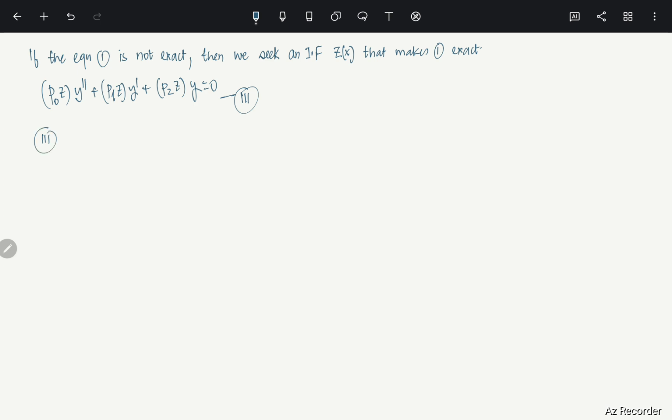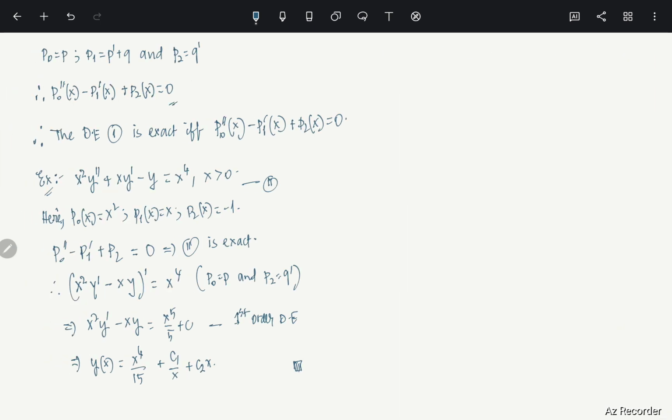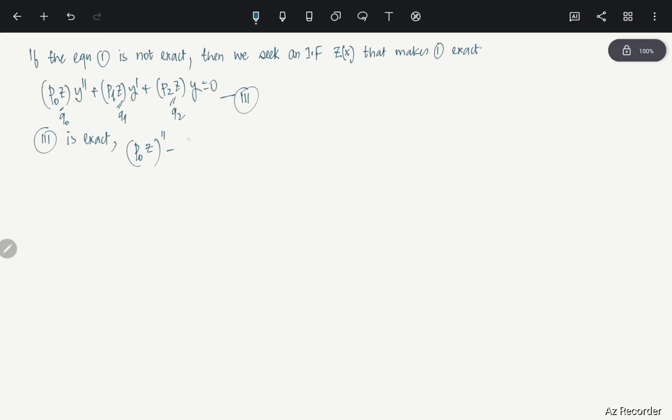Now 3 is exact when? Let's say this is nothing but q0, this is q1, this is q2. So when is it exact? If q0 double prime minus q1 prime plus q2 is going to be 0, that's your expression.